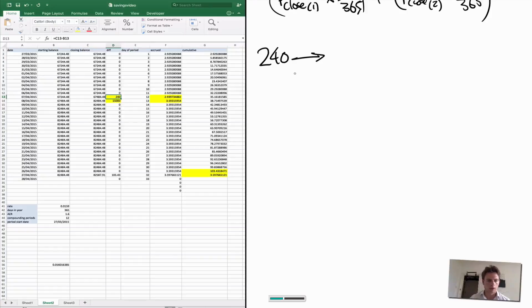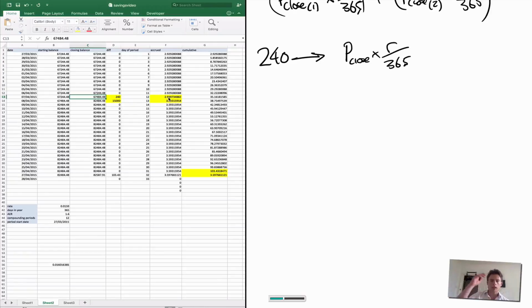The start balance was the same as the day before, but because I got that payment in time, the closing balance on that day is £240 higher. Therefore the accrued interest for that day, P close times R over 365, is higher, because it's now being applied on the extra £240.